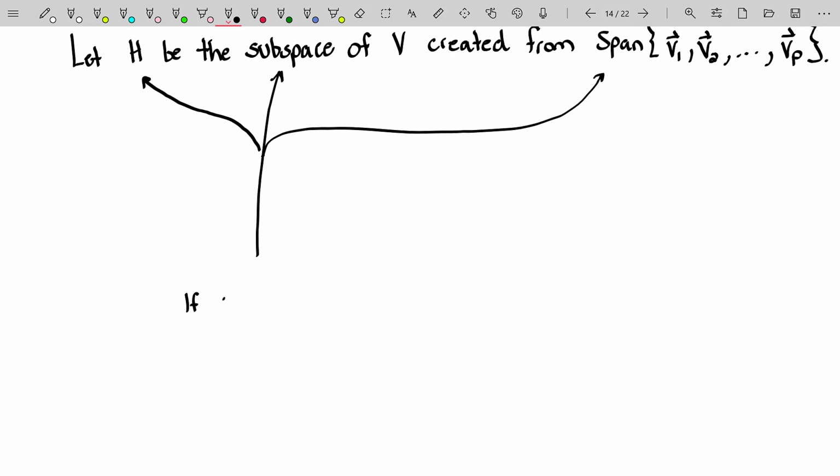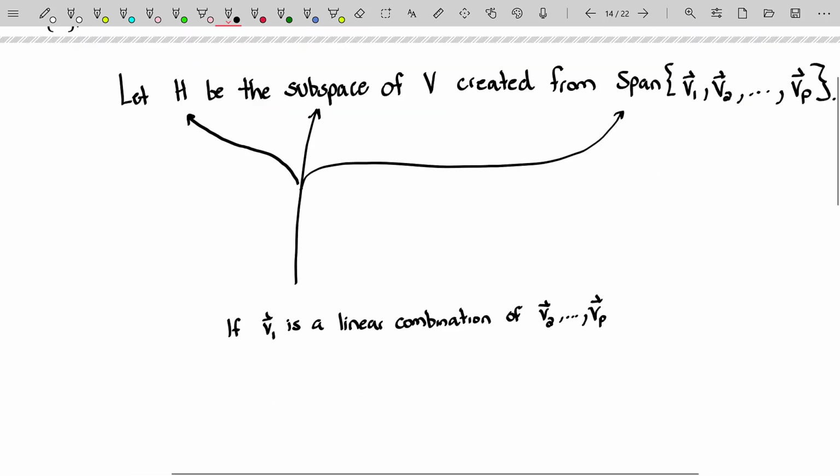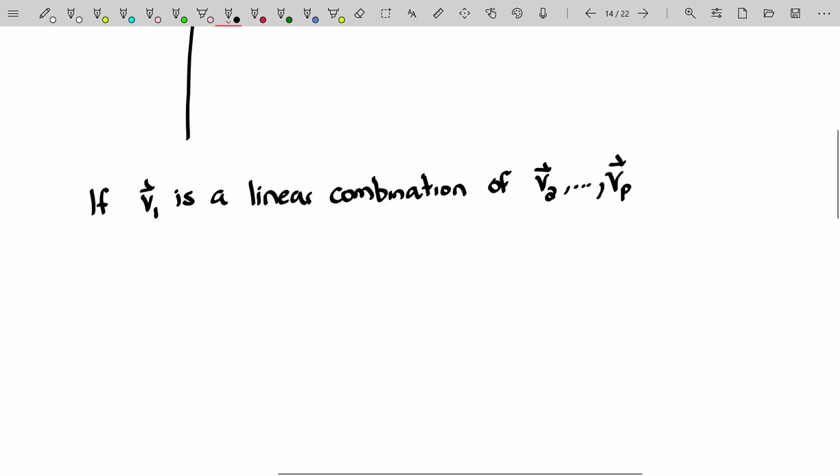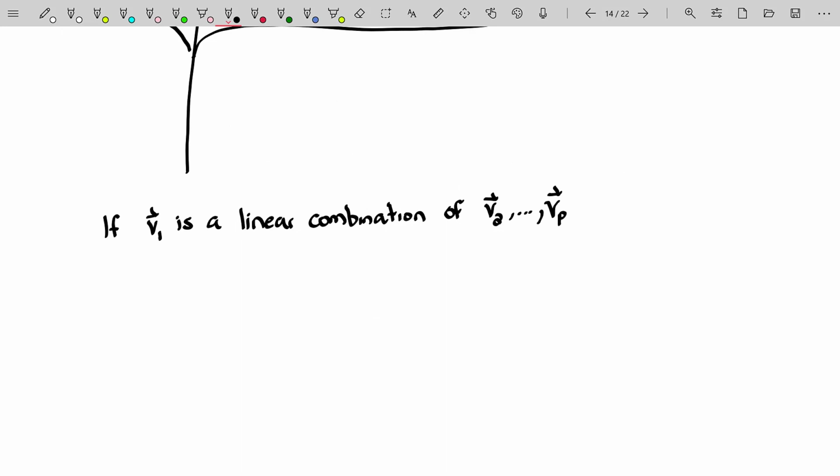Well, if V sub 1 is a linear combination of those remaining vectors from our set S, we can remove V sub 1 from that list of vectors, and the span of V sub 2 through V sub P is still going to be the same subspace H.